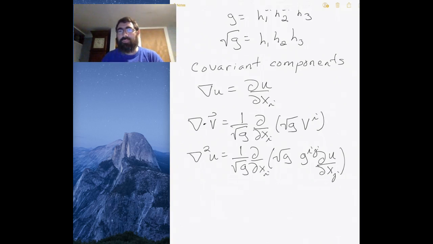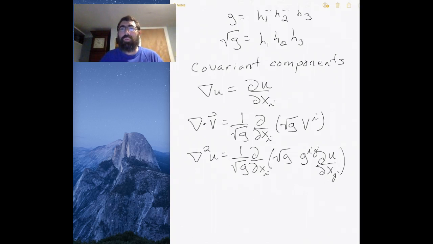So now we don't have to write it out in terms of all these h's. It's a very simple form where all you need to do is take the metric tensor and plug it in, and everything is very simple.